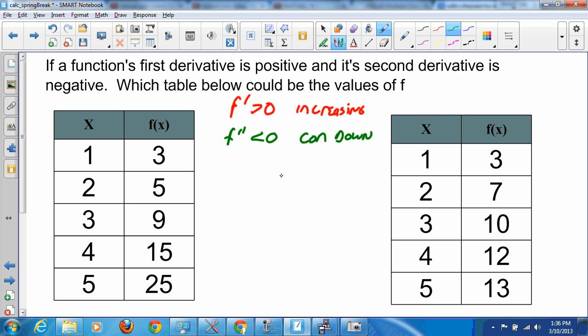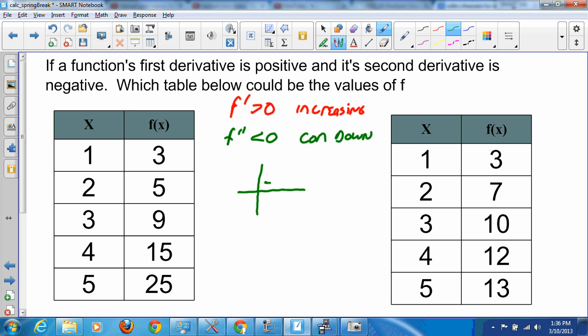Okay. So I guess we could look at this a couple ways, but let's take a look at something that's increasing and concave down. Well, this is increasing and concave up, right? So that's not fitting our situation. Let's see if we can reverse this.